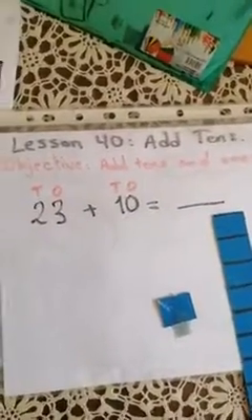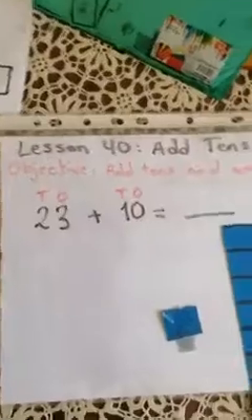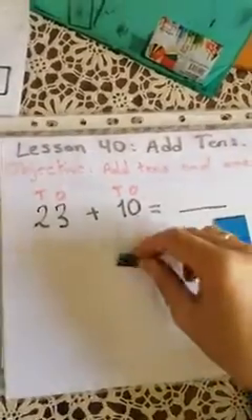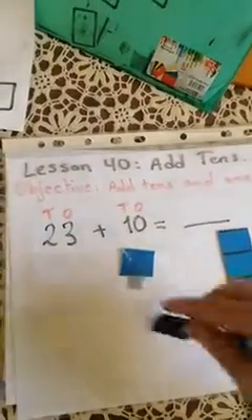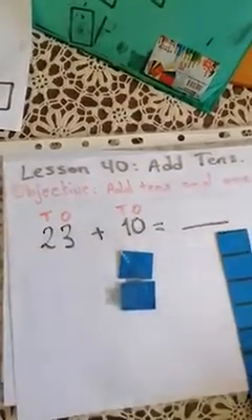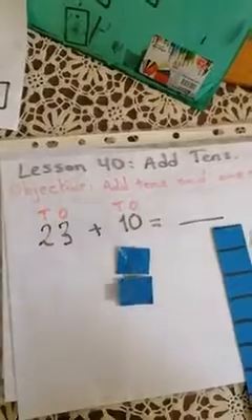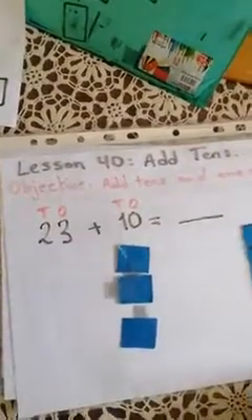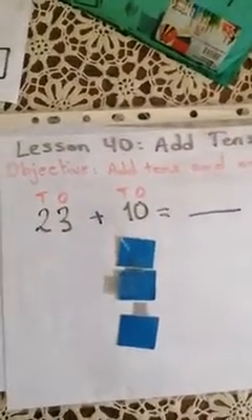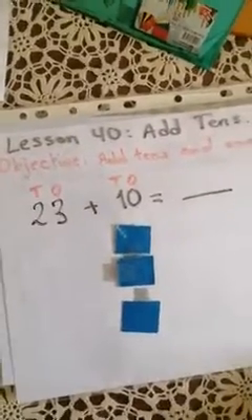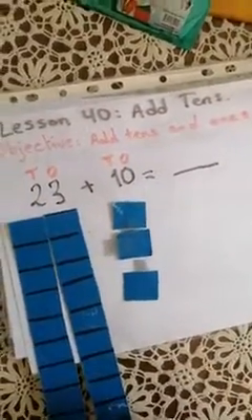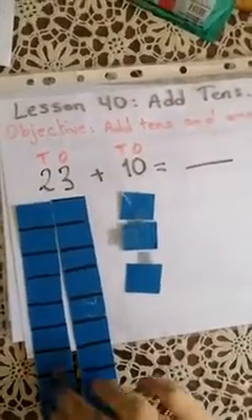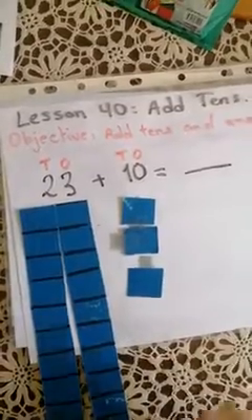So how many ones do we need in 23? We need 3 squares, so I will put 3 squares here. And how many tens do we need? We need 2 tens. So I will get 2 tens. So now we have 2 tens and 3 ones.